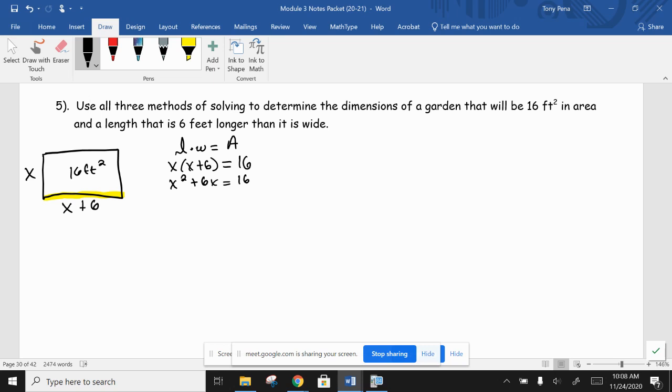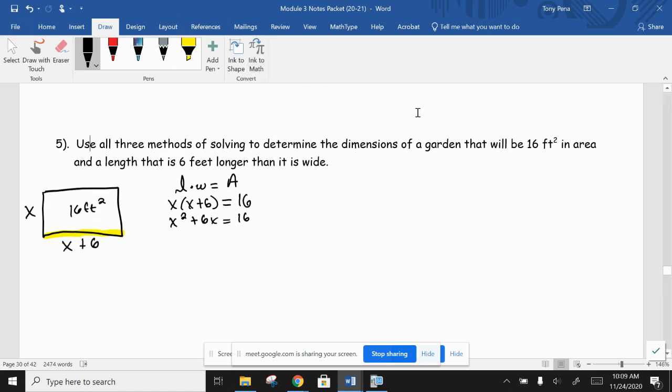But then recall what we had talked about yesterday in regards to standard form, where we want the squared term, then the x term, and then our constant all set equal to 0. So currently this constant on the right-hand side we want to correct. We want to move this over. So we would do that by just subtracting it over. x squared plus 6x minus 16 equals 0.